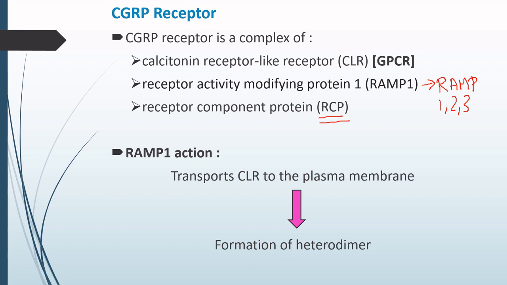So what is the main action of RAMP1? The RAMP1 is the protein that is mainly involved in the transportation of the CLR or the calcitonin receptor like receptor to the plasma membrane. So once the transportation of the CLR occurs into the plasma membrane, then there is a formation of the heterodimer.